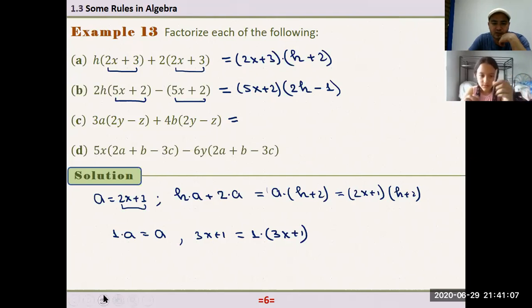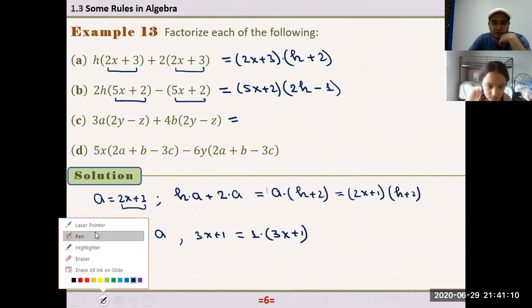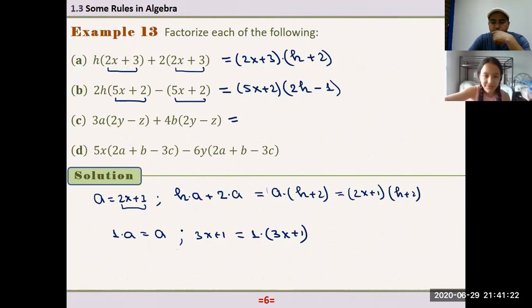You see here, I'm just clicking this. Here we have laser pointer, pen, highlighter, eraser. Did you choose pen here? I don't have that there. Yeah, there's a small button, right? Can you just click it and you will see? Yeah, here, the small one. Just click. No, but you need to keep the tip of the pencil on the tablet first. Okay, let me see. Yeah, I still don't see it.